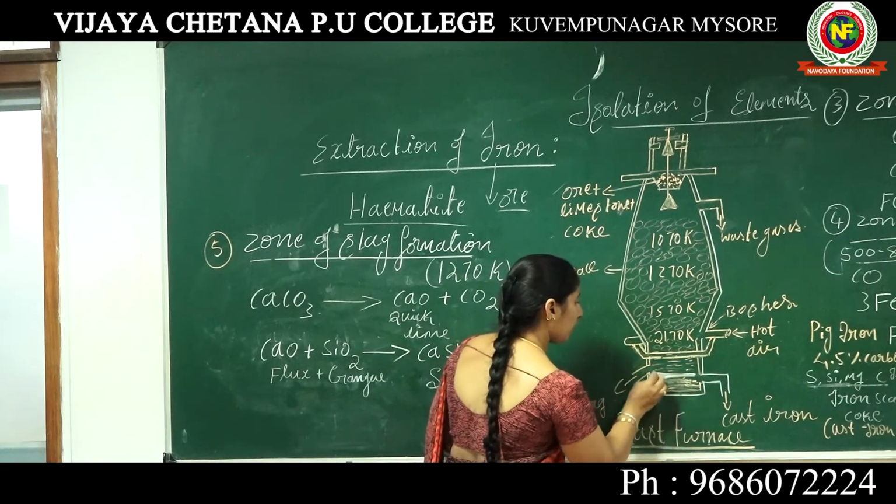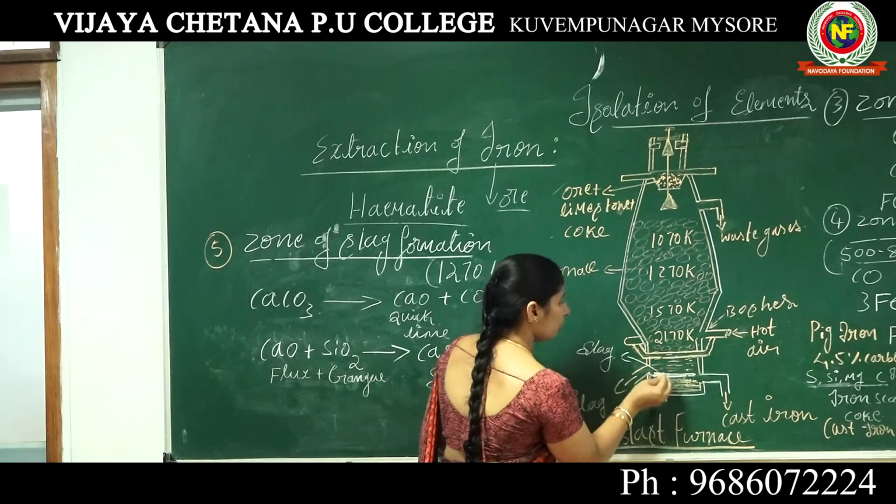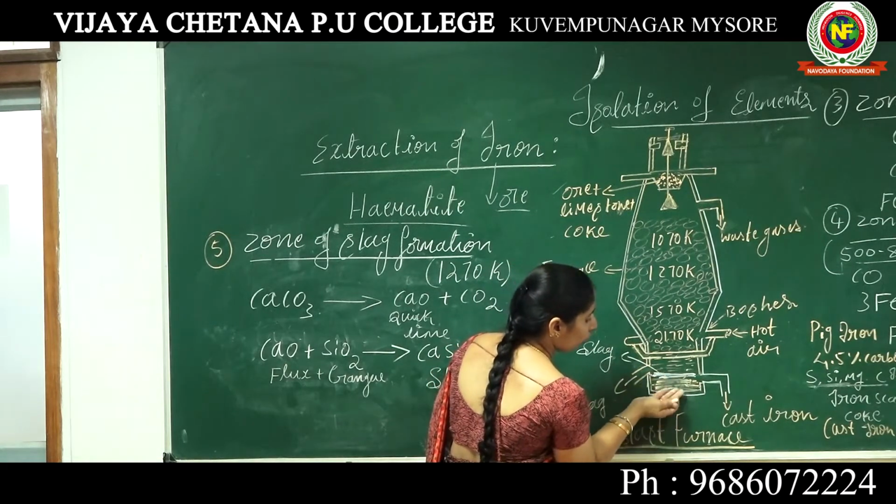Hence the slag collects above the molten iron and forms a separate layer.